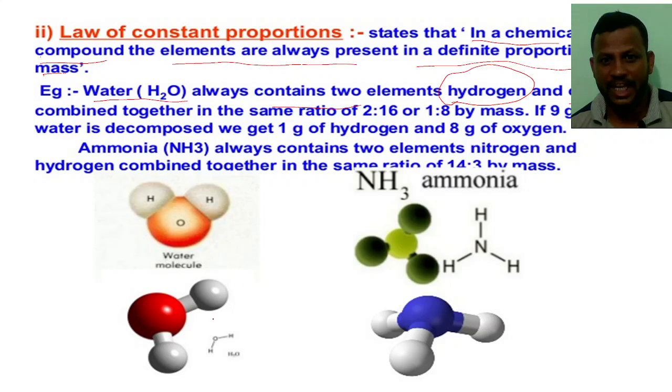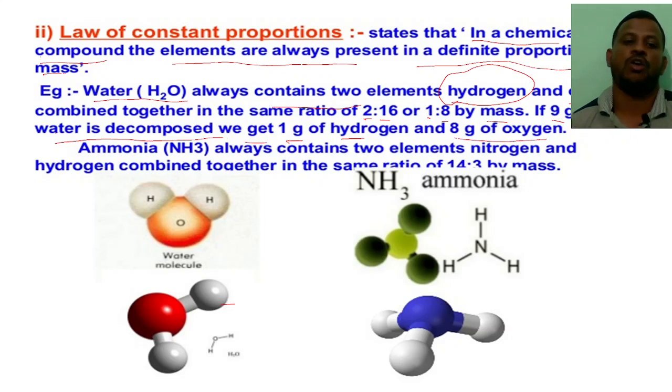For example, the ratio is 2:16 or 1:8 by mass. If 9 grams of water is decomposed, we get 1 gram of hydrogen and 8 grams of oxygen.